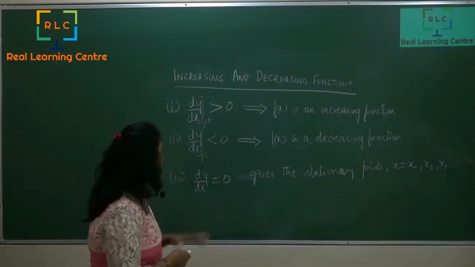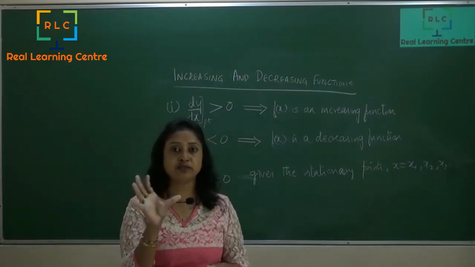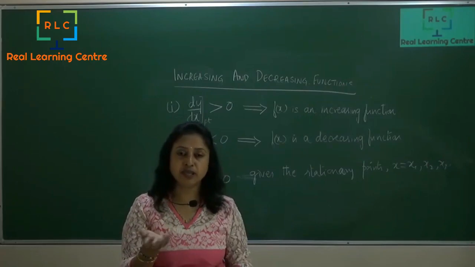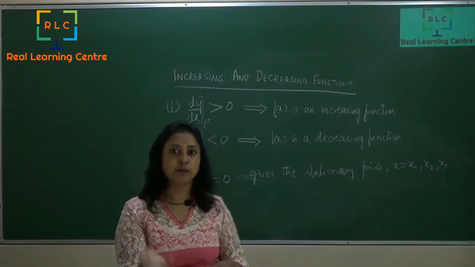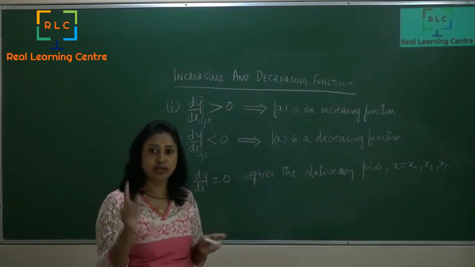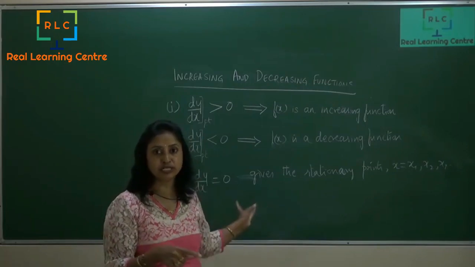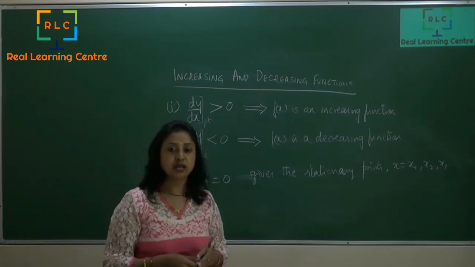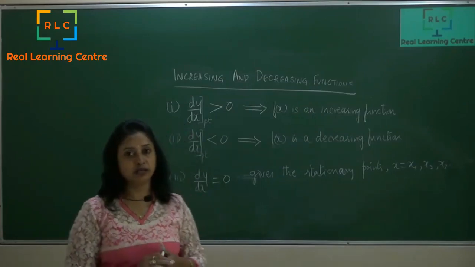In that differentiation you plug in a point of the interval they have given. They may give you 2 comma 4, then you put some number in between, say 3, in the differentiation. If you get positive, you declare it an increasing function. If you get negative, you declare it a decreasing function. And if it is exactly equal to 0, then you say it is neither increasing nor decreasing.